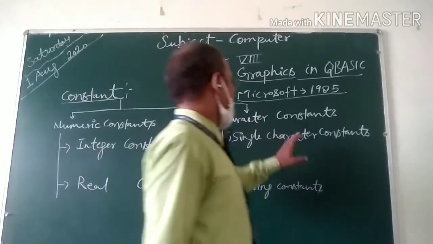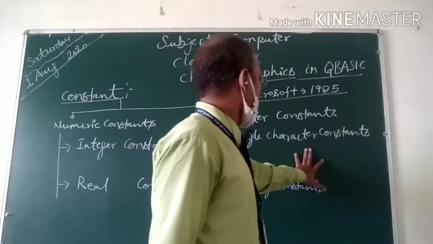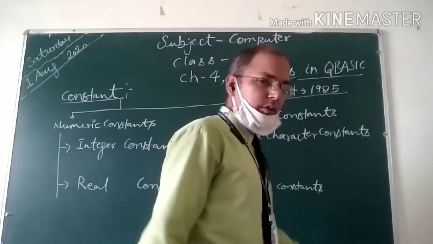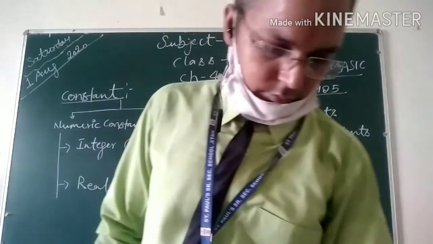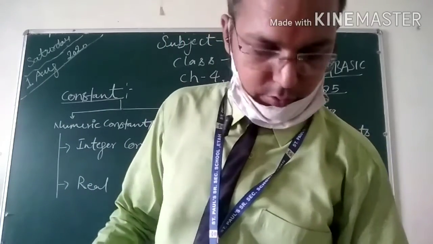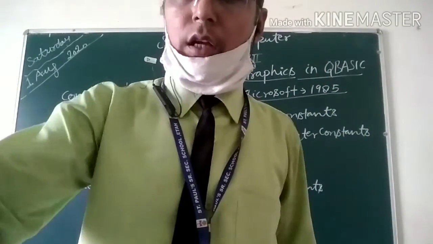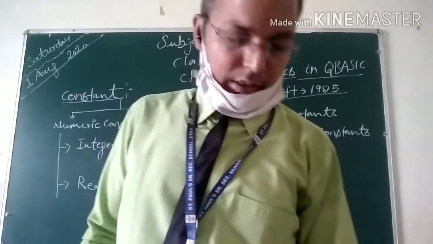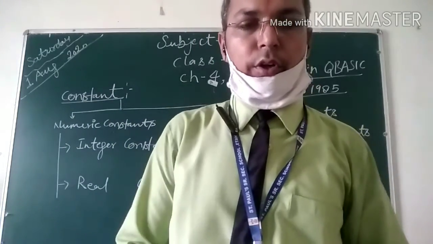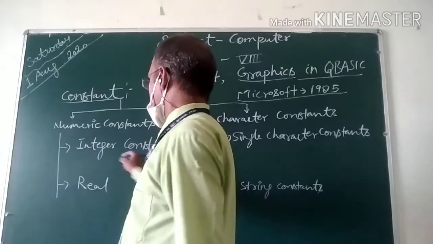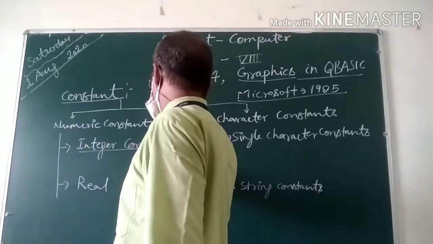Character constants are of two types: single character constant and string constant. So my dear students, I will tell you about the classification of constants. First of all, I will discuss the integer constant.